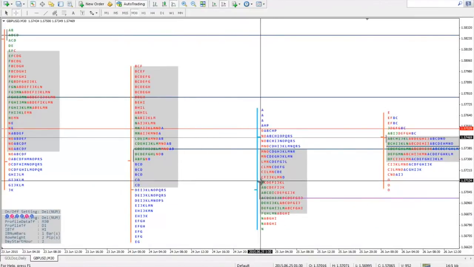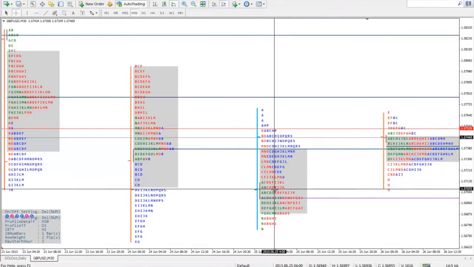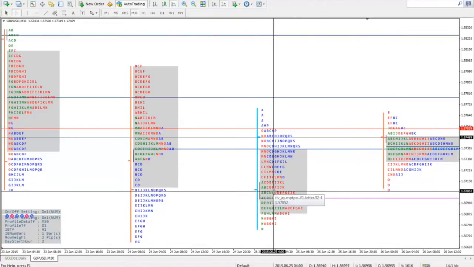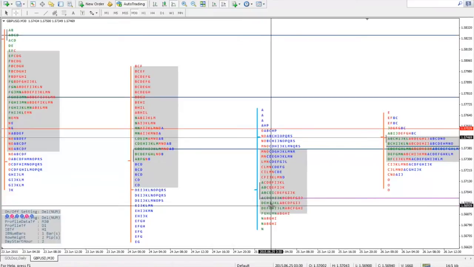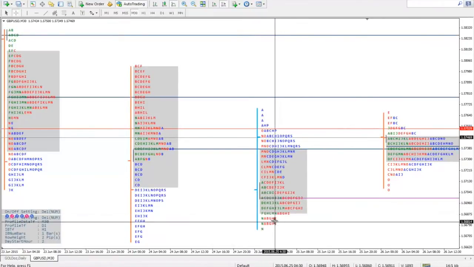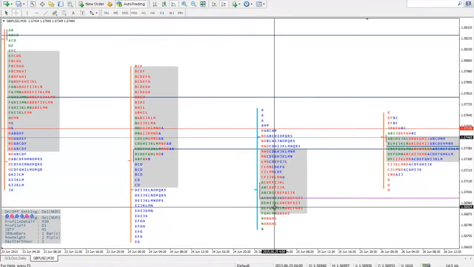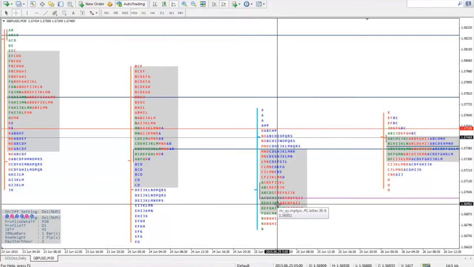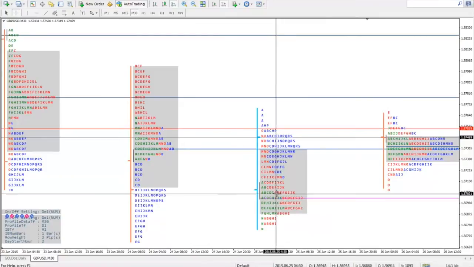So we opened in Asia, the market opened within value and didn't trade back up. The next session, the next 30 minutes, generally denotes the balance area. In futures, you get a generally wider balance area. In currencies, you don't, because that early in the morning there's not a lot of movement in the market.